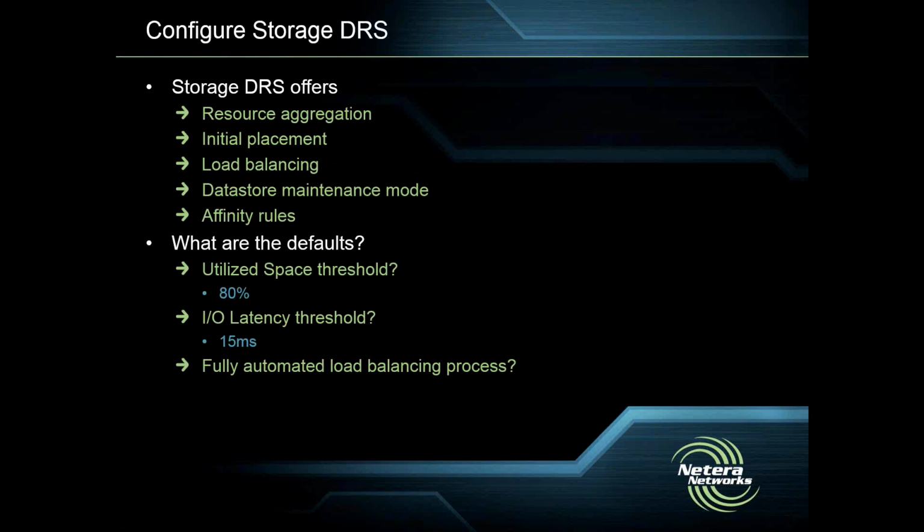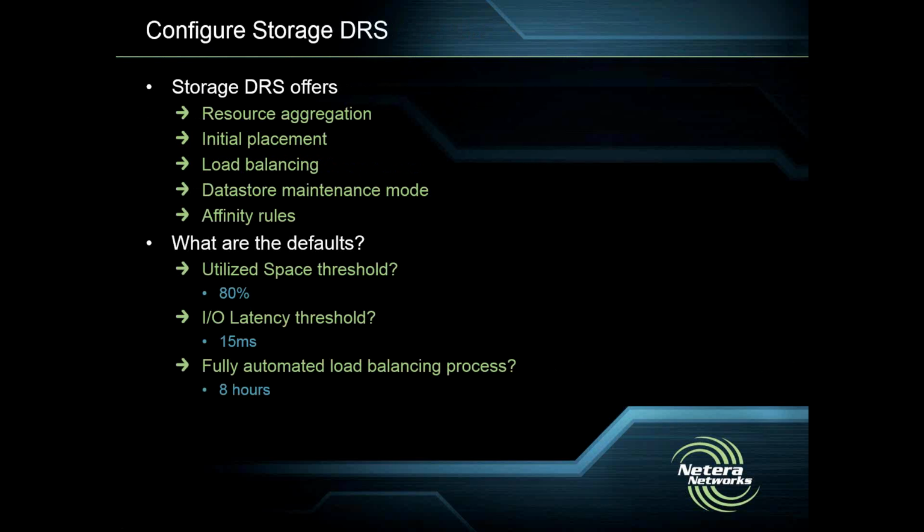If a particular data store has a high latency, say over 15 milliseconds by default, storage DRS won't place that VM on that data store. It'll try to find another data store that has less than 15 milliseconds of latency. And finally, the storage vMotions are expensive, right?